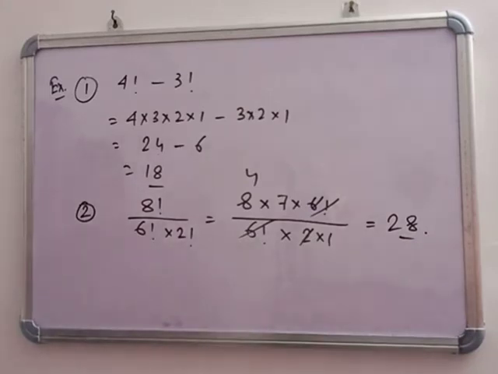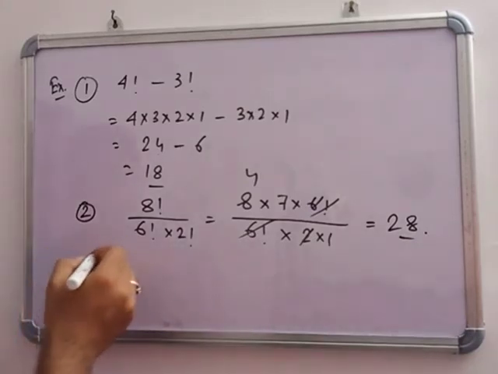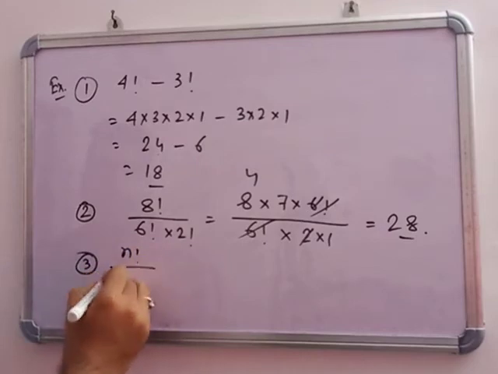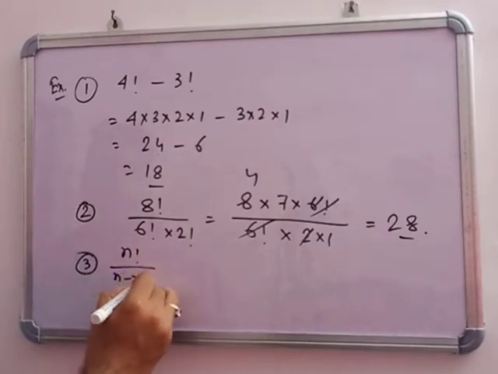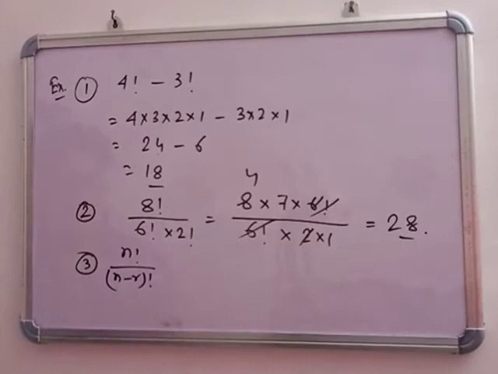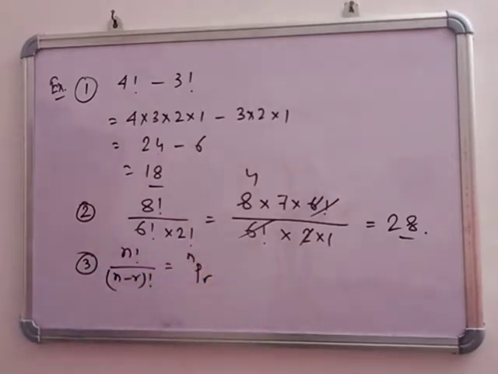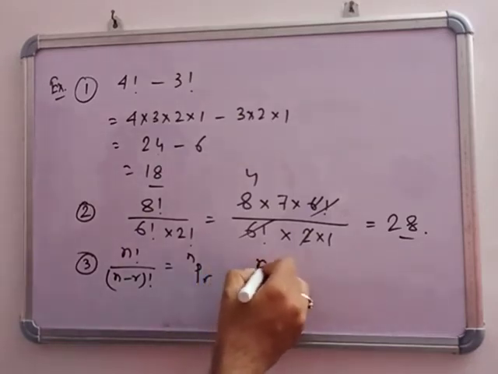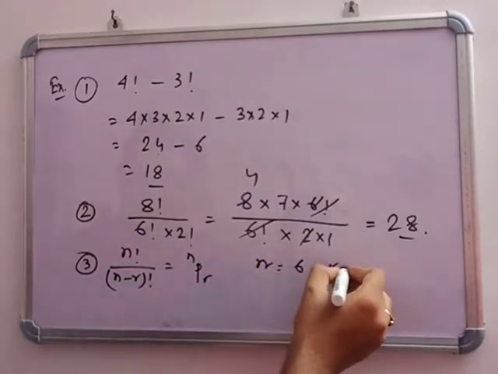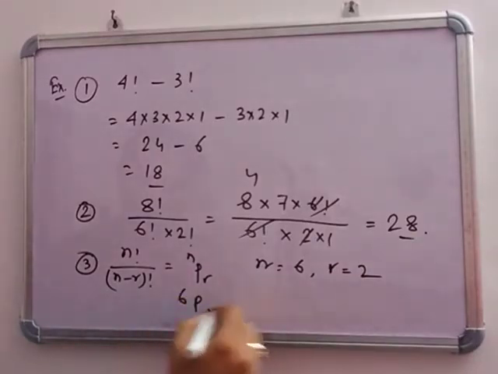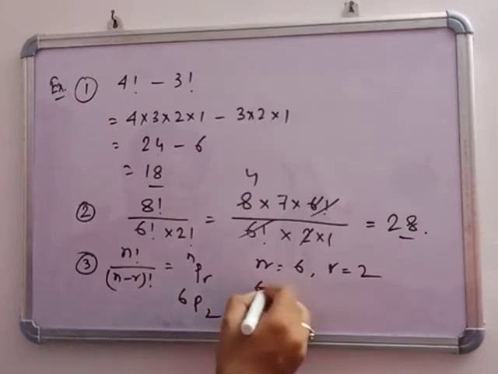The next one, number 3: find the value of n factorial by n minus r factorial. That means this is nPr. Find the value of nPr where n equals 6 and r equals 2. So 6P2 means 6 factorial by 6 minus 2 factorial, that is 4 factorial.